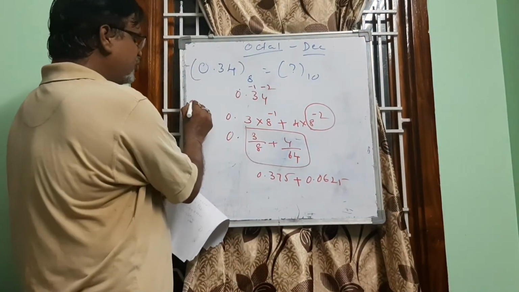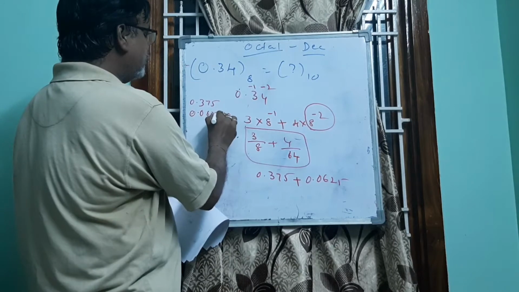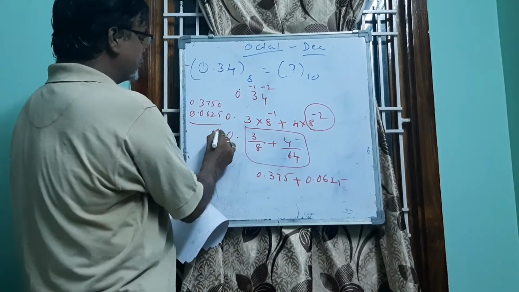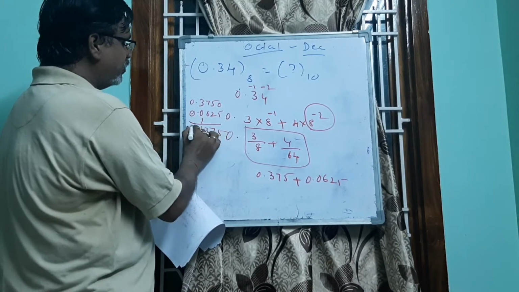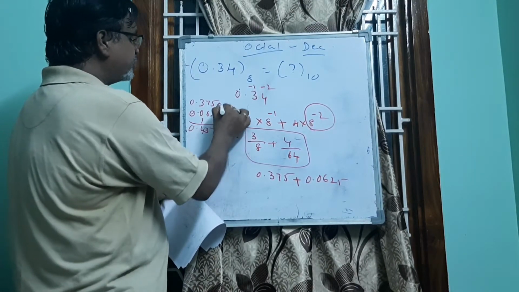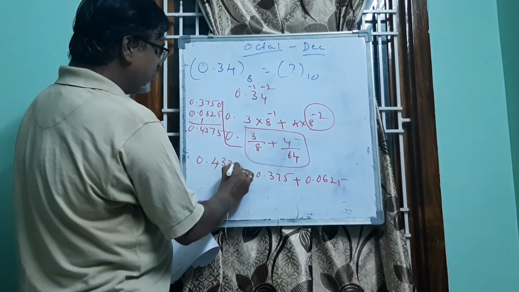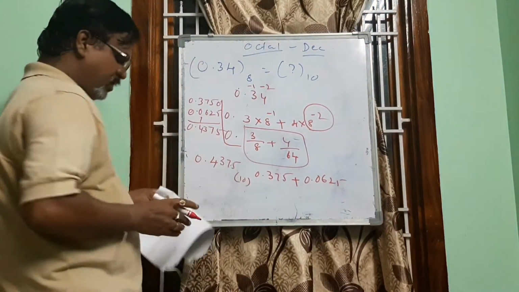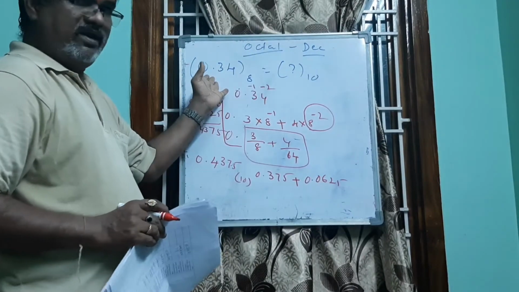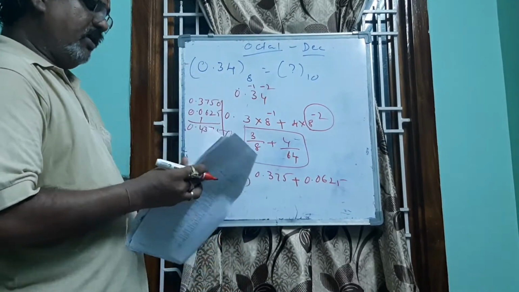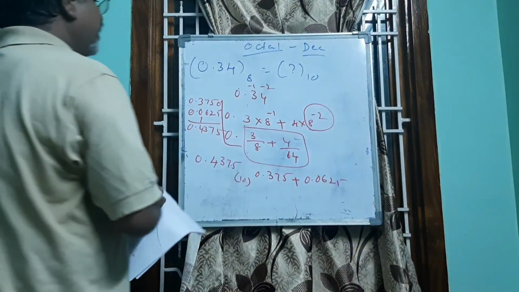So we add 0.375 and 0.0625. 5, 7, 3, and then 4, so 0.4375. So this is the way you convert an octal number to decimal in the fractional part. Okay, we will take one more example, octal to decimal, for your easy understanding.